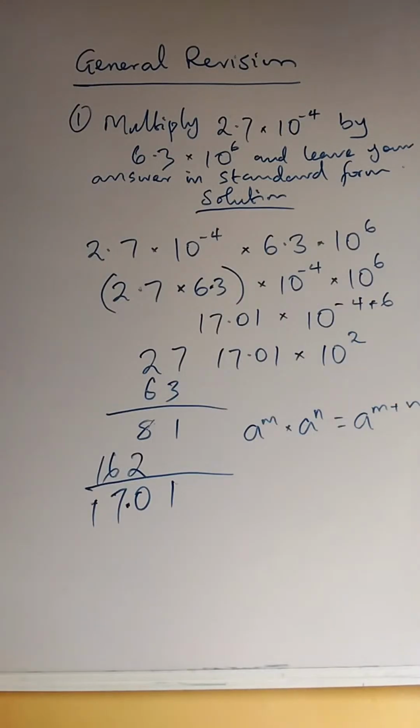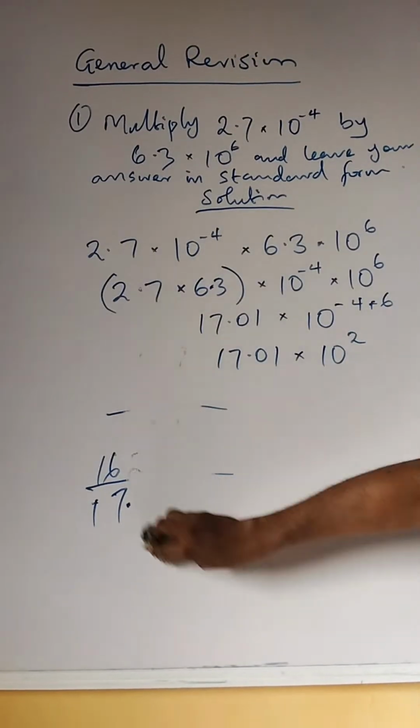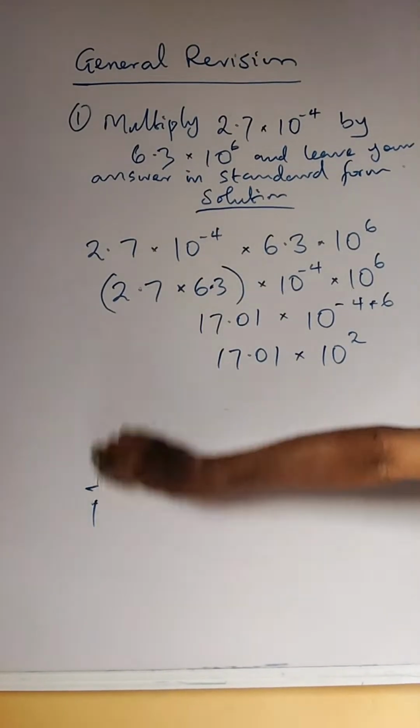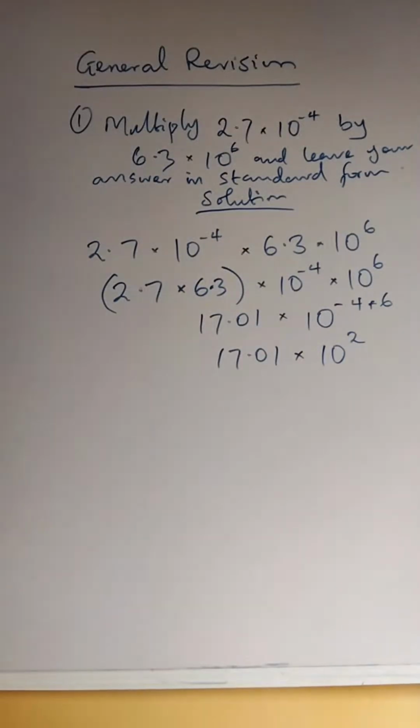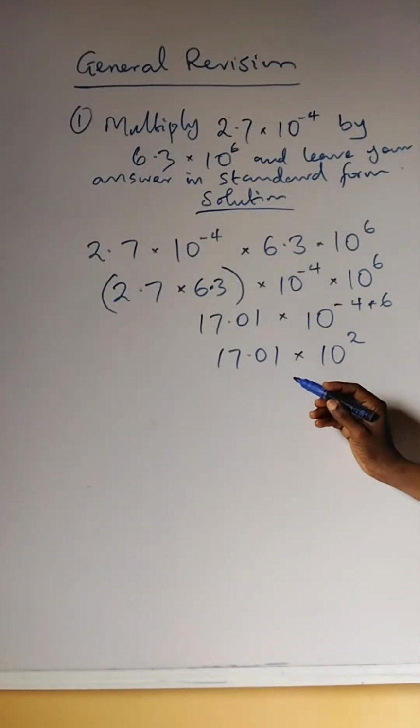Then, since we want this to be in standard form, we change that number to standard form. And don't forget that a number in standard form must have its digit part less than 10.